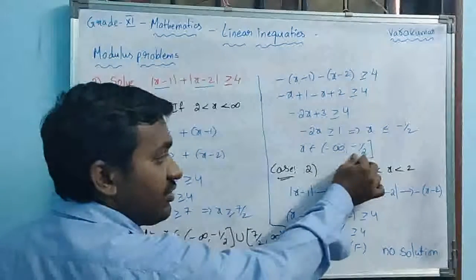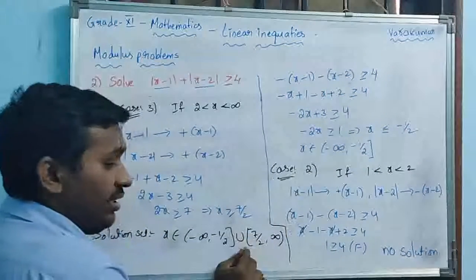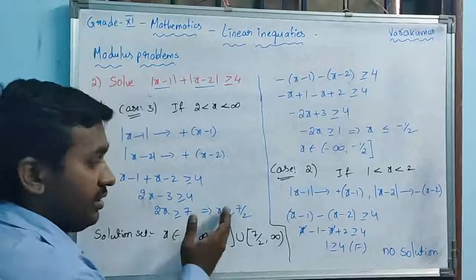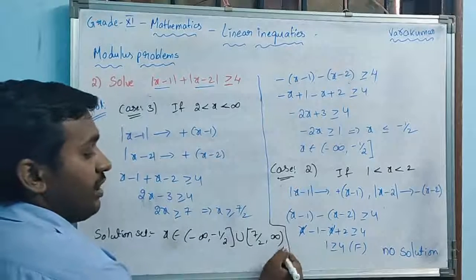Minus infinity to minus 1/2 union 7/2 to infinity. Okay, this completes the solution.